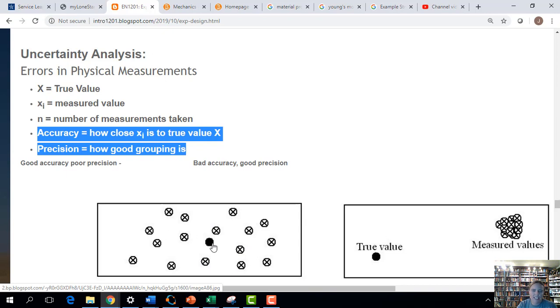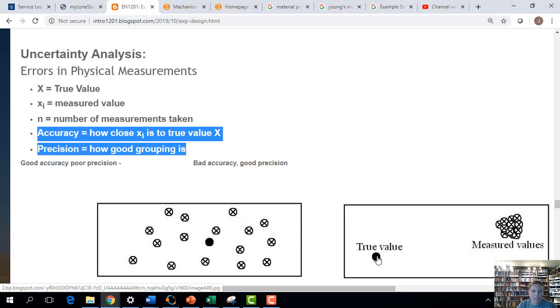Precision is how close the grouping is, and accuracy is whether the average of these values actually matches the true value. So this is good accuracy, poor precision, versus over here, we have a good grouping, so that would be good precision, but it's not grouped around the true value.